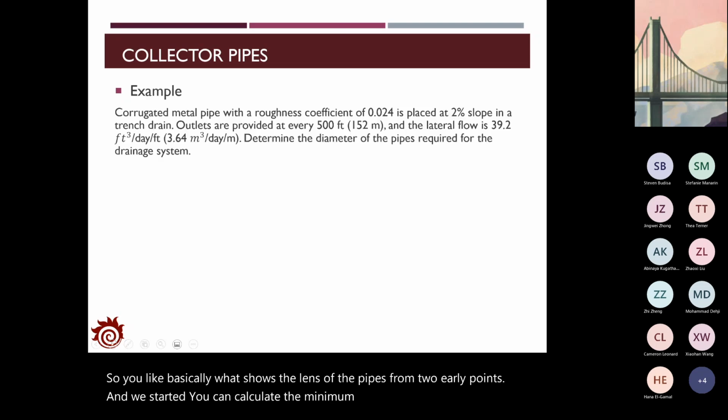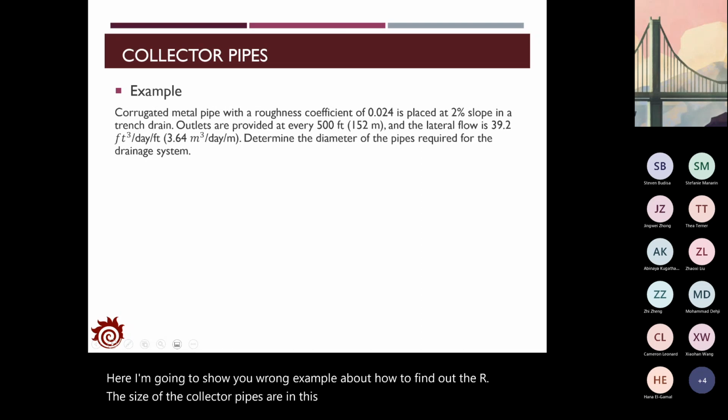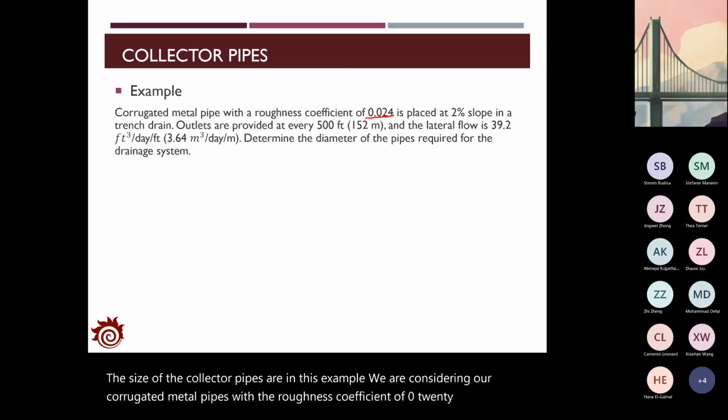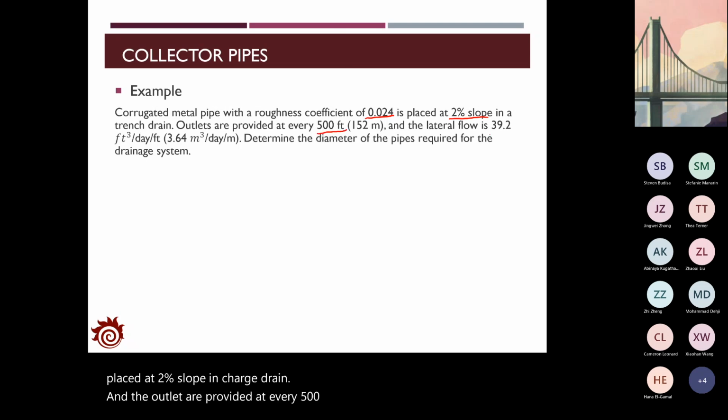And here I'm going to show you one example about how to find out the size of the collector pipes. In this example, we are considering corrugated metal pipes with a roughness coefficient of 0.024, placed at a 2% slope in a stretch drain, and the outlets are provided at every 500 feet, and the lateral flow is 39.2 cubic feet per day per feet.